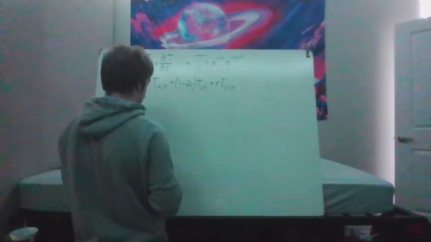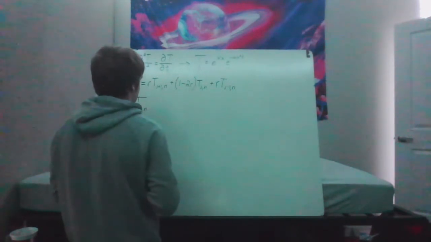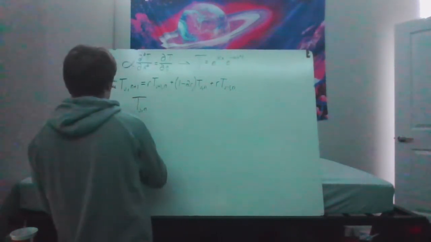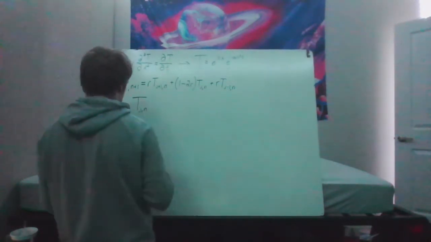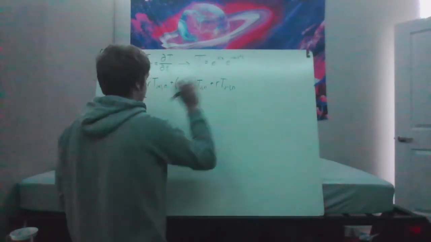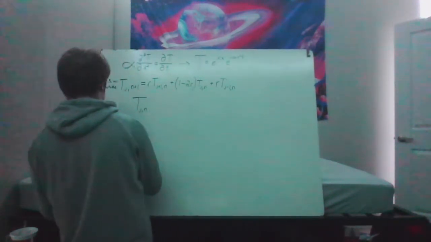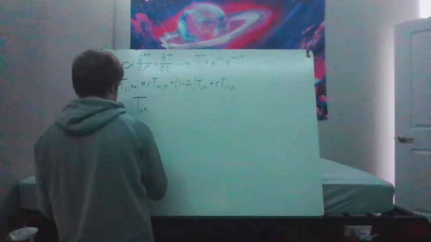And again, from part 2, we know that our j values deal with our position, so x is equal to delta x times j. And then our n is based on time, so our little t up there is equal to delta t times n.